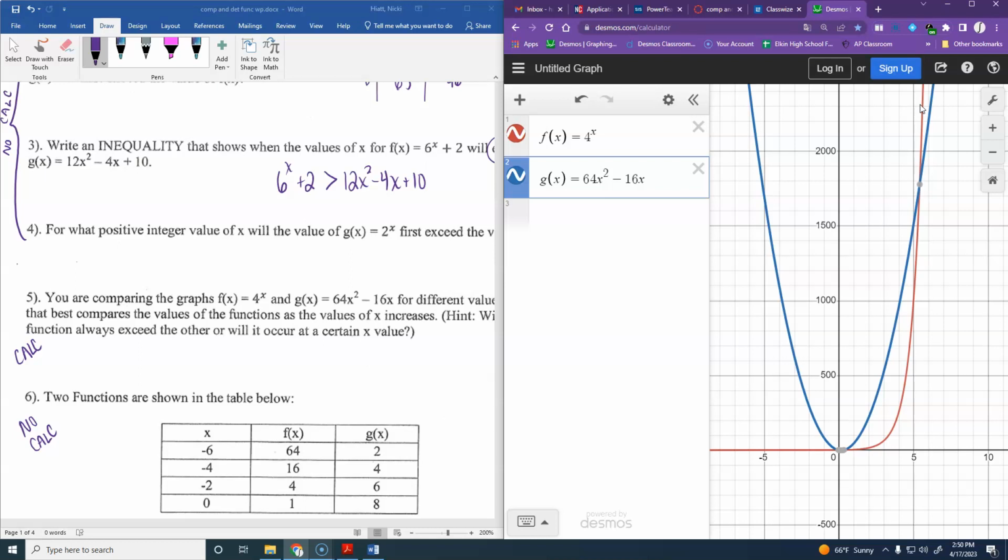So we could say something like this: for x is greater than 5.398, f of x is greater than g of x.